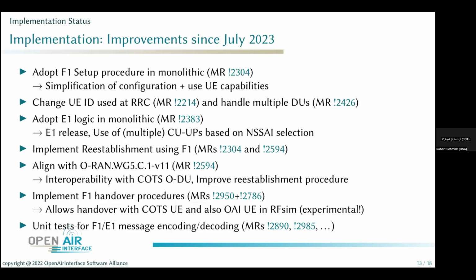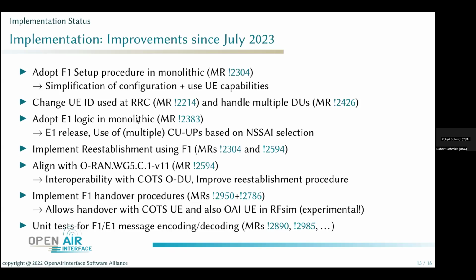So the CU cannot reuse this RNTI. So there are a couple of things that needed to happen. And also in another merge request, the CU learned to handle multiple DUs. There was one merge request that adopted this E1 logic internally, also in monolithic, which allowed us to then, for example, also use multiple CUUPs.